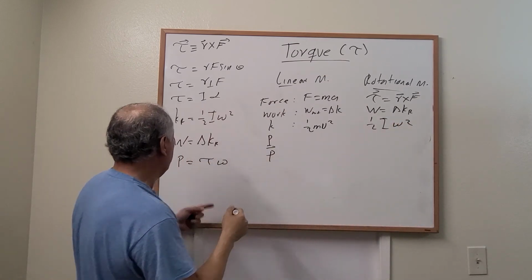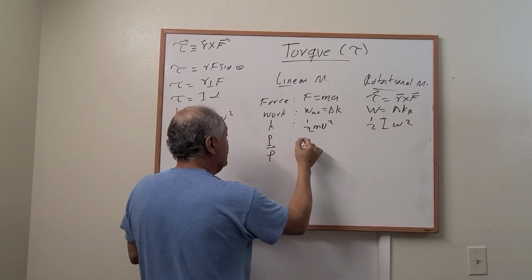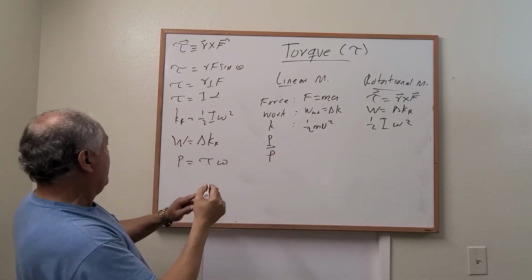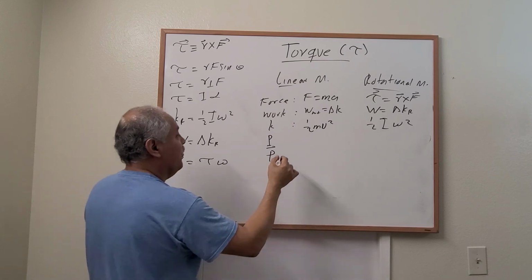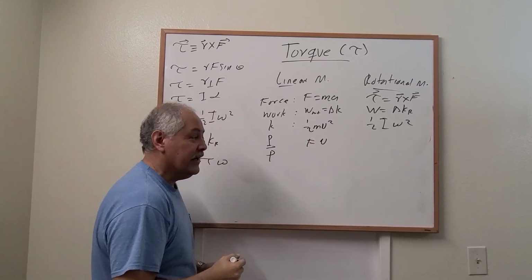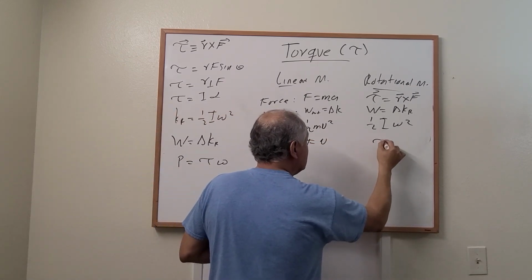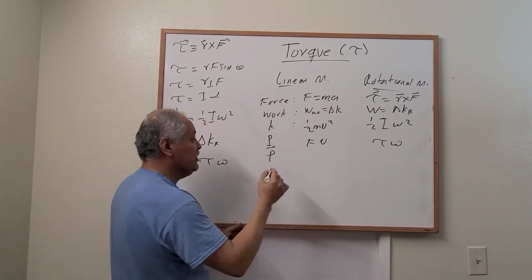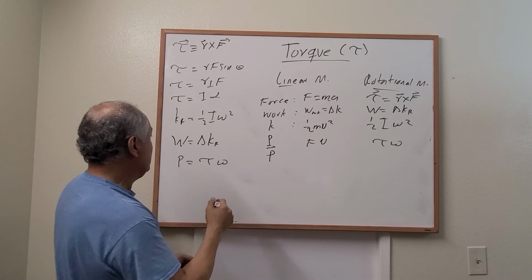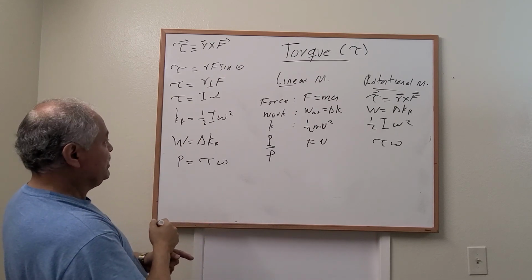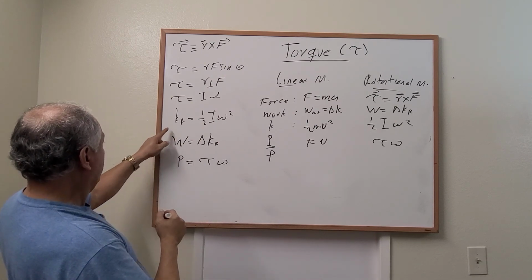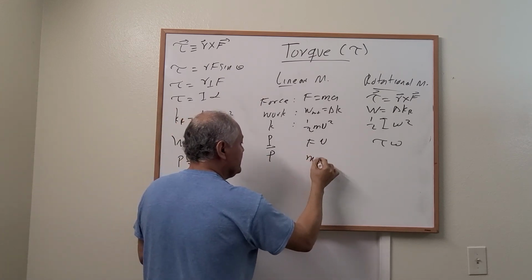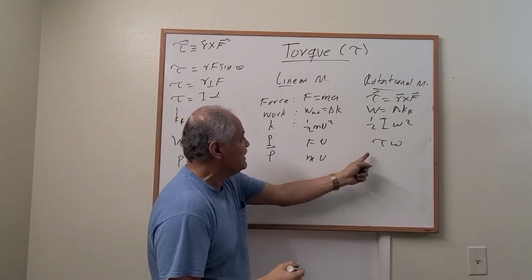Power, we just found power. Power equals force times velocity in the linear case, and right here it's going to be torque times omega. Finally, we have linear momentum, which equals mass times v. We don't know yet the angular momentum.